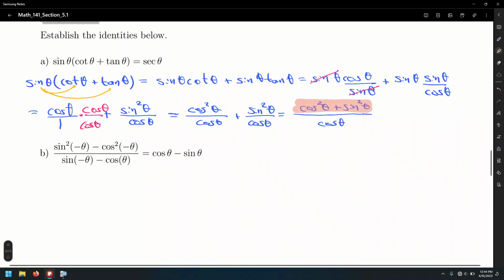That's cosine squared plus sine squared, and that's the identity that equals 1, over cosine theta. And furthermore, we know that 1 over cosine theta equals secant theta. Isn't that the right hand side of the statement here, of the identity that we wanted to verify?